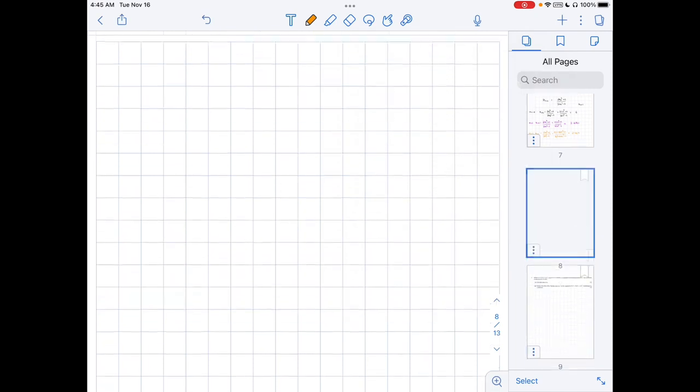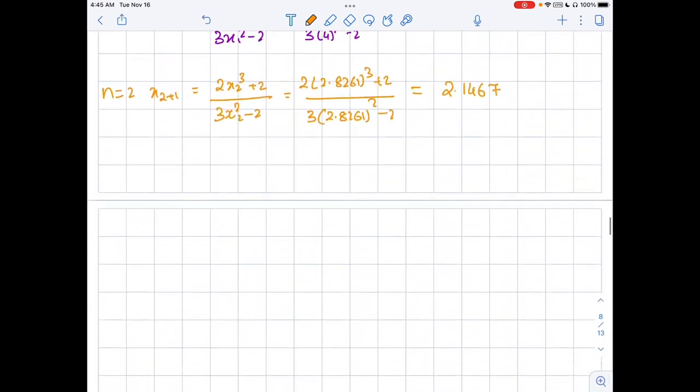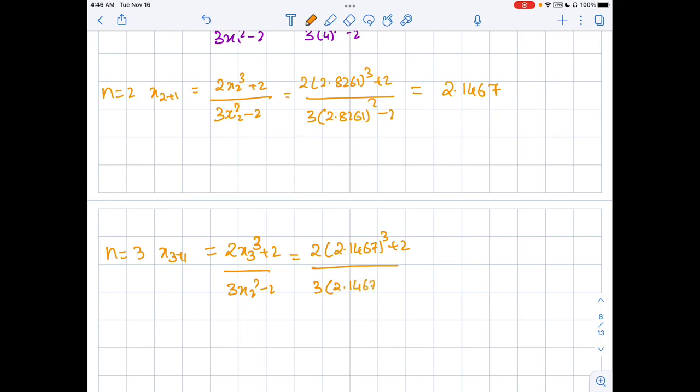Then I add a page. Then n is equal to 3, x4 is equal to 2 times x3 cube plus 2 upon 3 times x3 square minus 2, 2 times 2.1467 whole cube plus 2 divided by 3 times 2.1467 whole square minus 2.